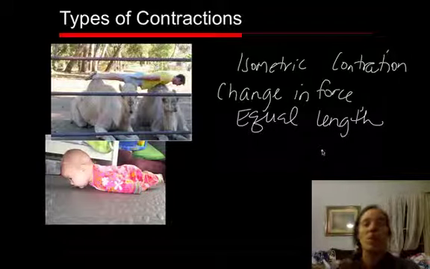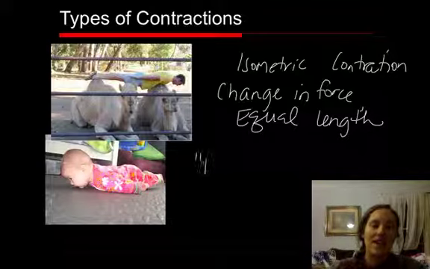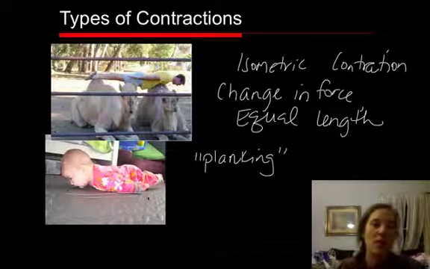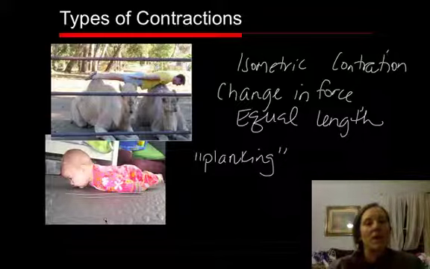So this is where you are pushing against a wall or planking, like we see in these pictures to the left here. They have assumed this prone position and they tense their body up and they hold that position. So with isometric contractions, we have a change in force, but the muscles stay the same. So take a moment and write two other types of isometric contractions that you can think of.